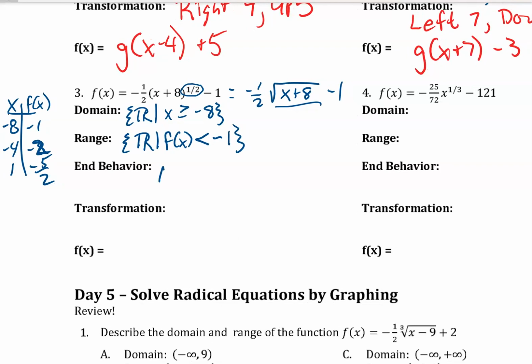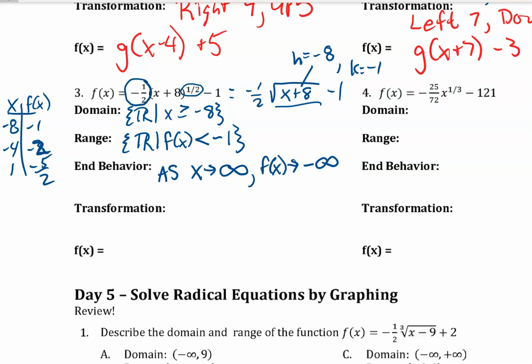So my end behavior, what's happening here? Well, as x approaches positive infinity, f of x will approach negative infinity. What is my transformation? Well, h is negative 8, k is negative 1, and I have a compression and a reflection.